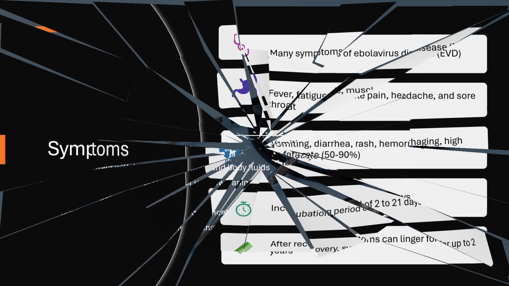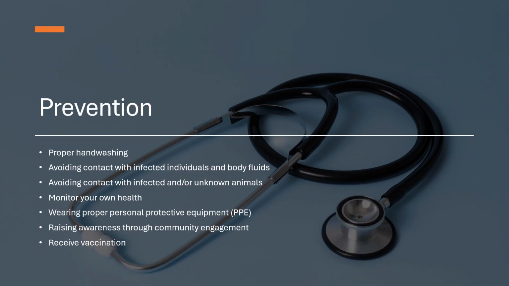Now, ways to prevent this. Proper hand washing is a big one. I think that goes along with this would be proper sterilization processes, especially around infected people and areas that are exposed to Ebola virus.